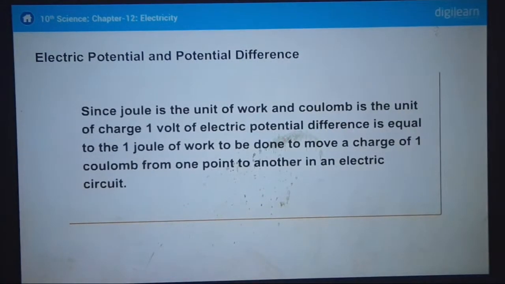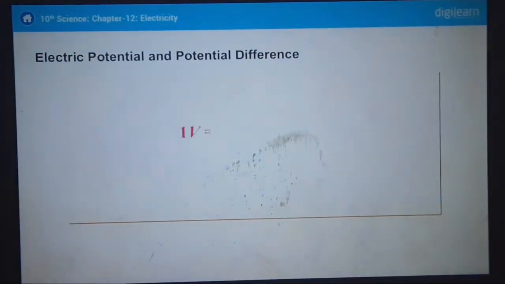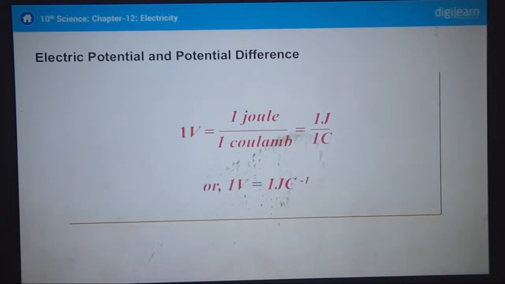Since joule is the unit of work and coulomb is the unit of charge, 1 volt of electric potential difference is equal to 1 joule of work done to move a charge of 1 coulomb from one point to another in an electric circuit. Therefore, 1 volt equal to 1 joule by 1 coulomb, that is equal to 1 J by 1 C, or 1 V equal to 1 into JC raised to minus 1.